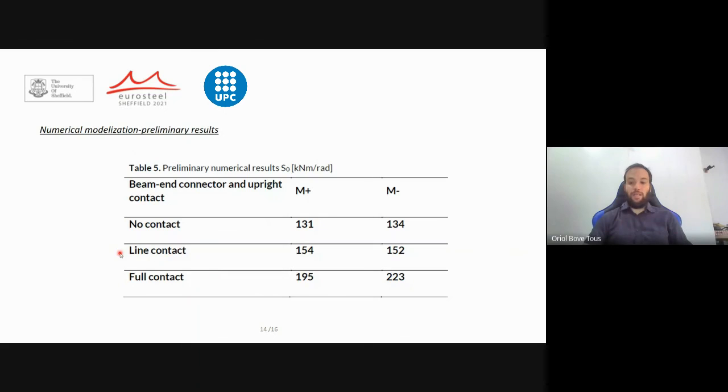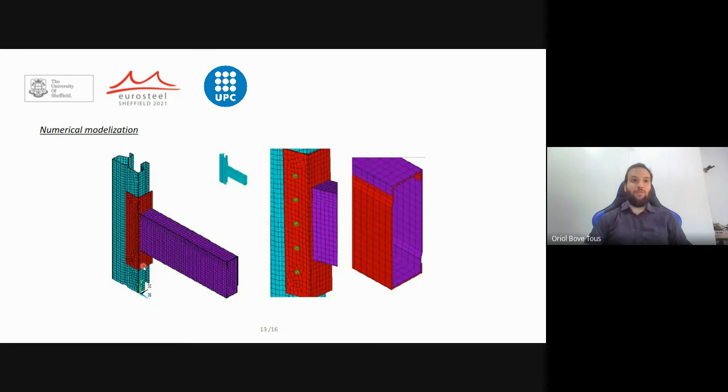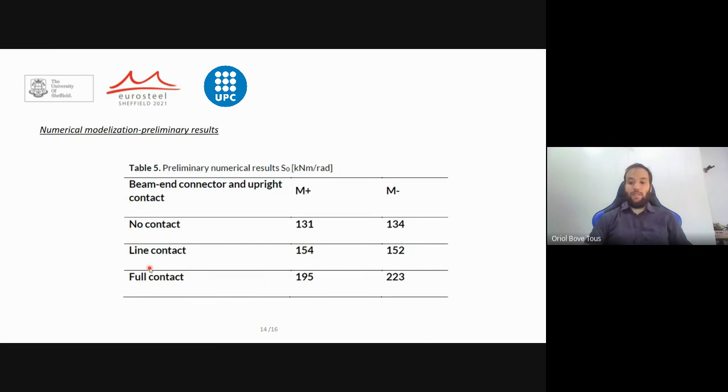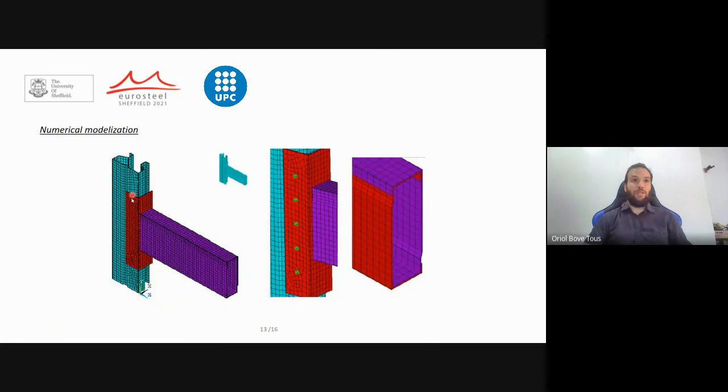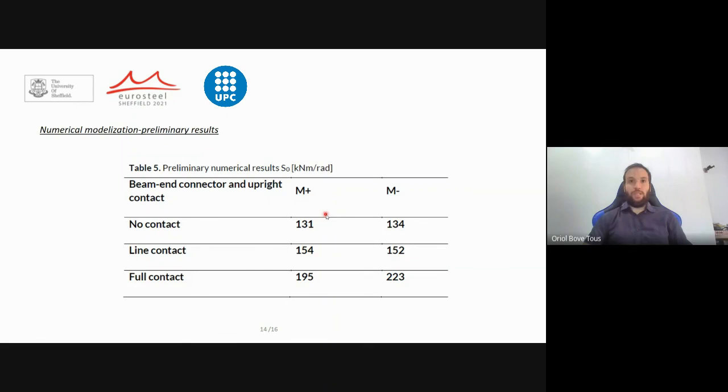The second one is that this line at the bottom of the end plate is initially contacting the upright. And the third one assumes that the whole end plate contacts the upright from the initial time. So as we can imagine, these values of stiffness increase as more contact arises initially. It makes sense.